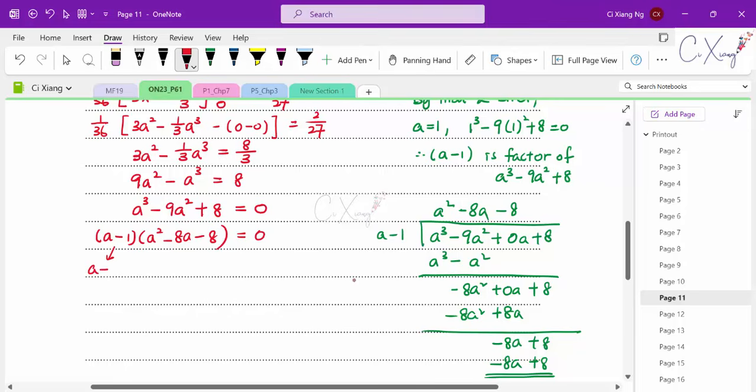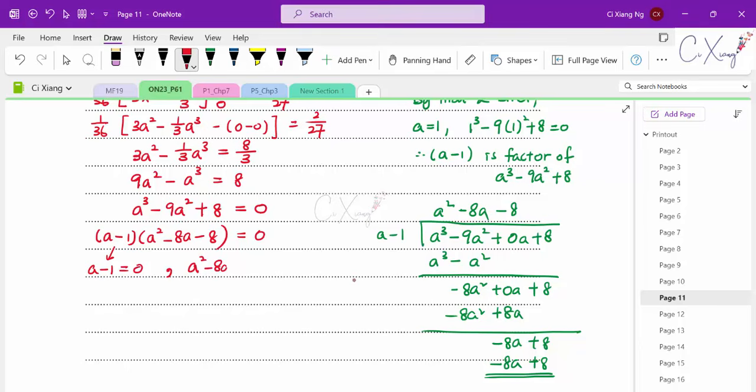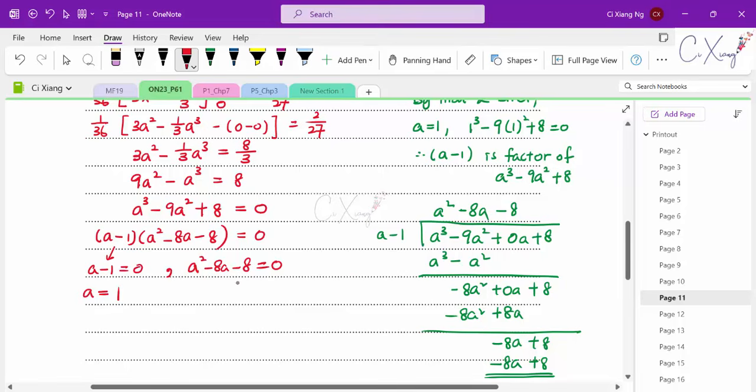I have a - 1 = 0, and the other is a^2 - 8a - 8 = 0. Very easily, you can get one of the answers, which is a = 1. For the other part, you have a quadratic equation in terms of a. To solve it, you can use the quadratic formula, or if you want, you can use the calculator.